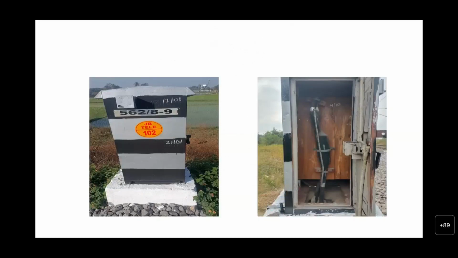EC sockets are to be provided on the location box itself. Here, a location box has been provided with an EC socket, and the quad cable joint has been fixed on a wooden plank inside the location box.